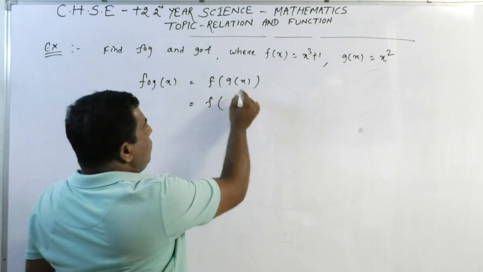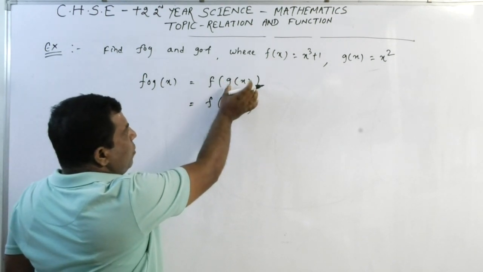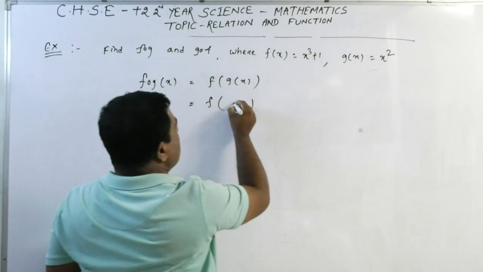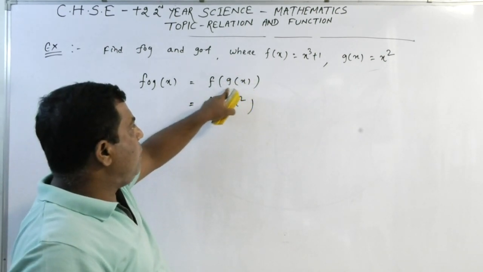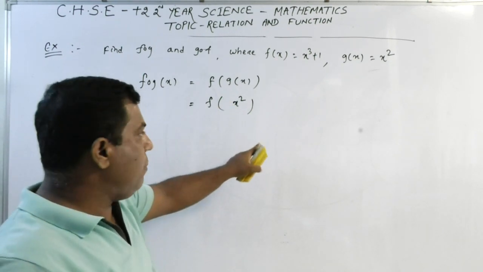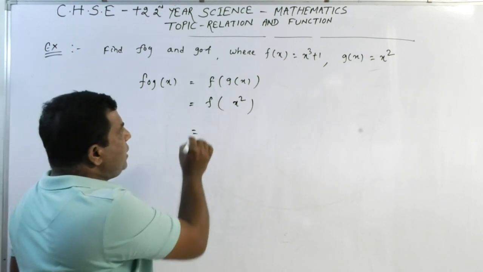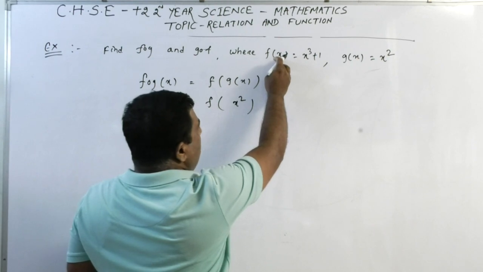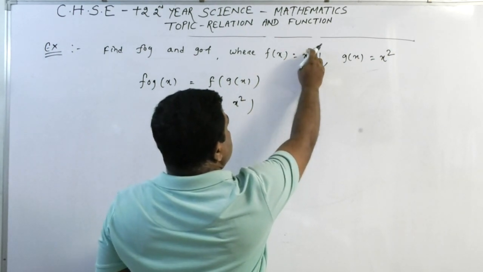F of g of x. Now if g is applied on x, what is the functional value of g of x? You see, the functional value is x square. Now this functional value is behaving like a parameter of the function f. And how can we evaluate it? Whenever f is applied on a parameter x, it converts it into the format of x cube plus 1.